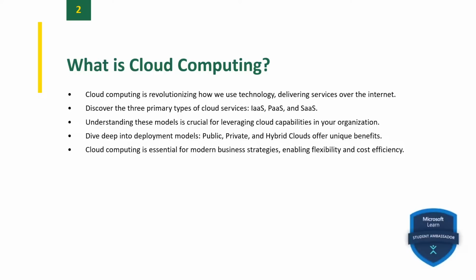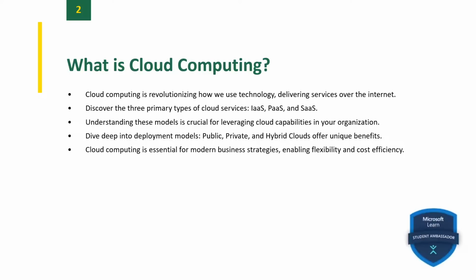Fourth one, rapid elasticity. Cloud resources can be quickly scaled up or down based on user demand. This elasticity allows businesses to handle varying levels of traffic and workload without investing in infrastructure.